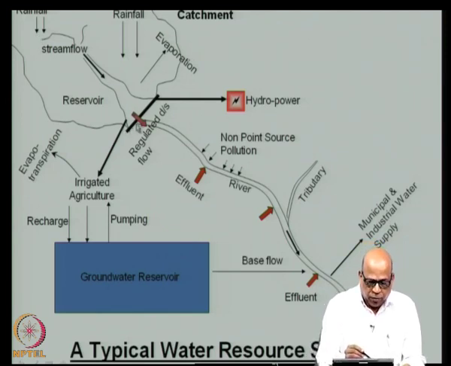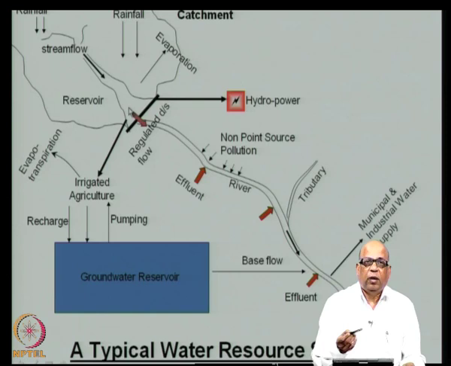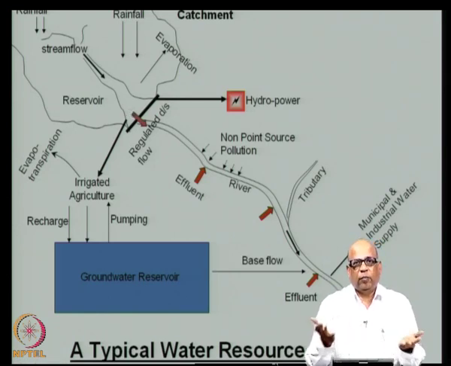If this dam was not there, then there would have been no reservoir and the stream flow would have continued along its natural course. So, this is the natural course of the river. Because you built a dam, the water level builds up as well as the surface area becomes larger and larger, because you are impounding the water and therefore the water spreads.